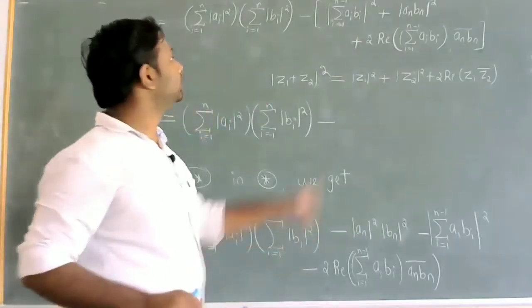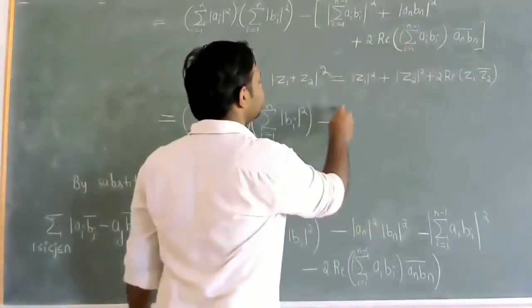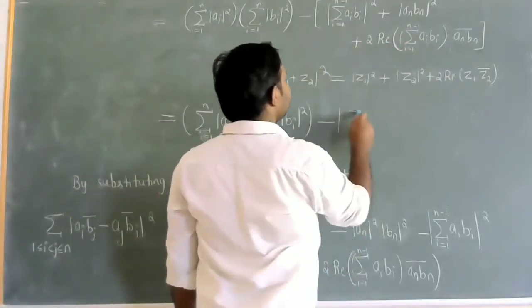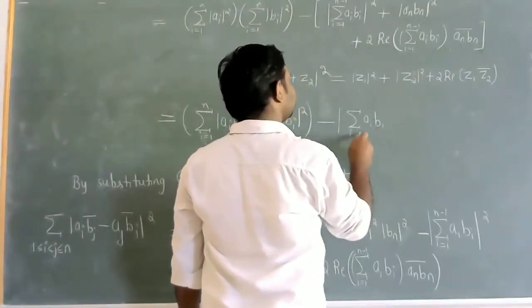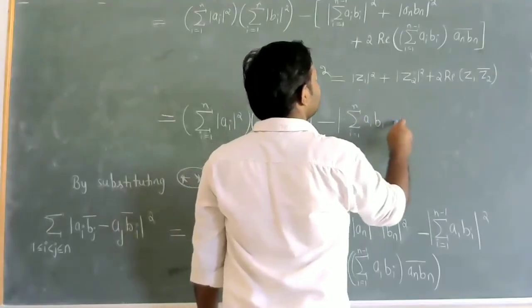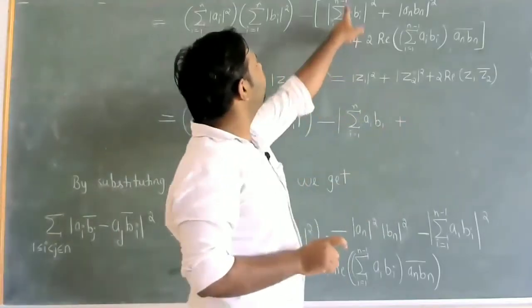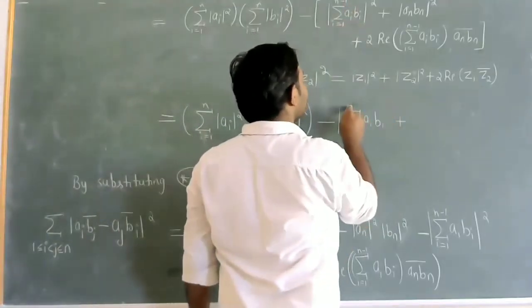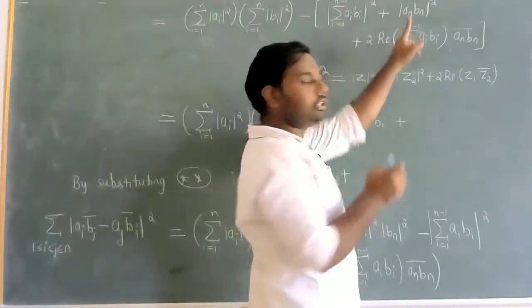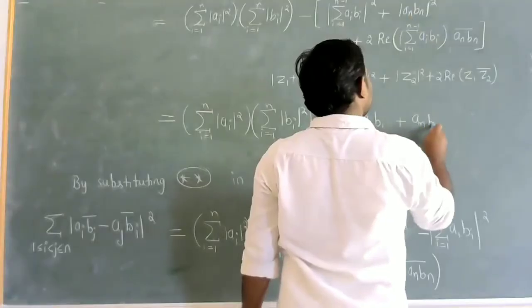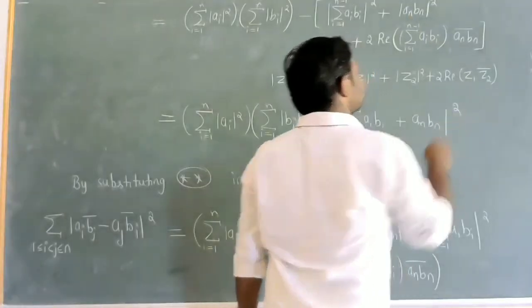minus. So this whole sum can be written as modulus of z1 plus, i running from 1 to n minus 1, plus z2. Z2 is an bn whole square.